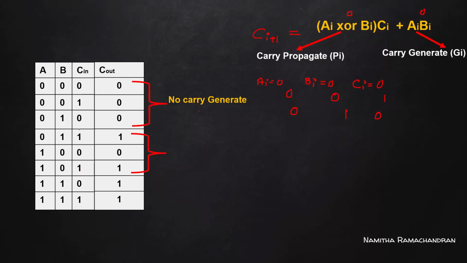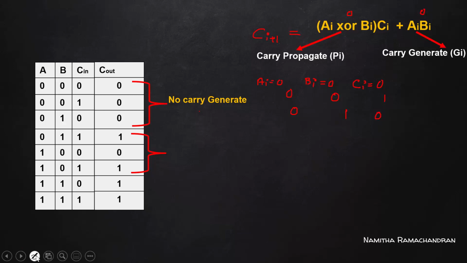That means whatever value arrived at the Cin of a full adder is directly propagated to its Cout in these three input combinations. So this is the case of carry propagation.